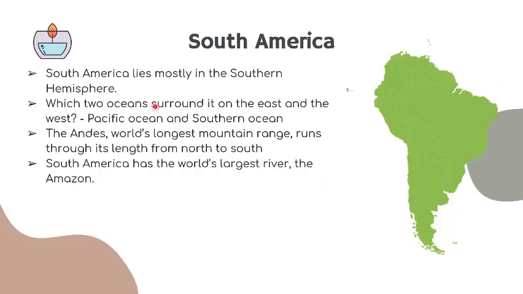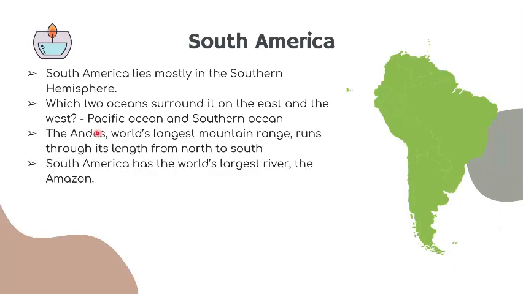South America. South America lies mostly in the southern hemisphere. So mostly, not completely, mostly. Which 2 oceans surround it on the east and west? The Atlantic and the Pacific. So the Pacific Ocean is over here.